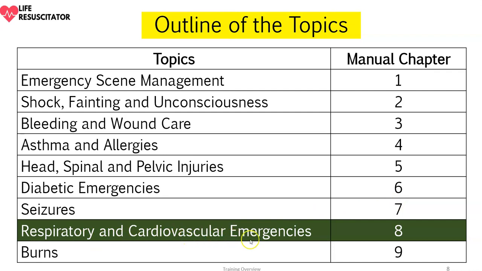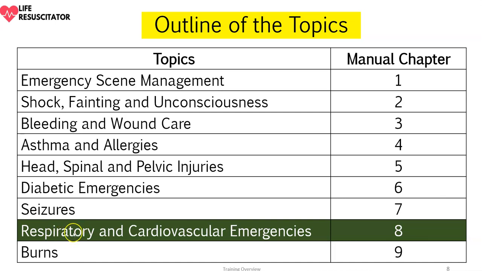Respiratory and cardiovascular emergencies. This is the biggest chapter, chapter 8. Chapter 8 is the biggest. We'll talk about respiratory, cardiovascular, talk about heart attack, cardiac arrest, high blood pressure, stroke.